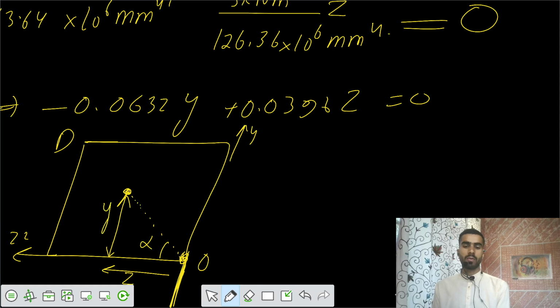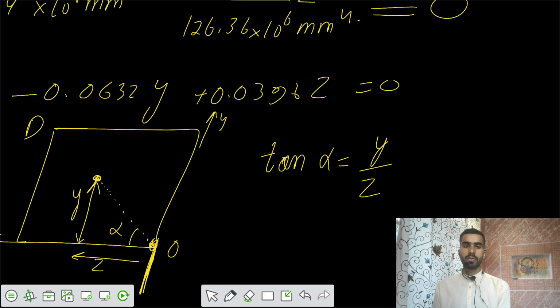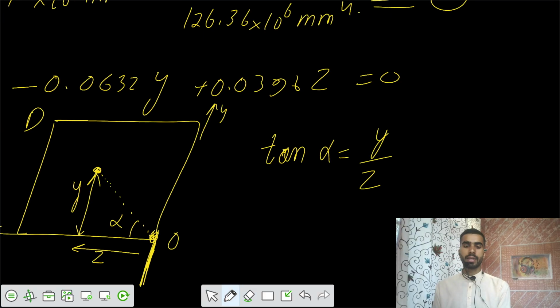So this is z and y. We can say tan alpha equals y by z. Substituting, y by z equals 0.0396 divided by 0.0632.